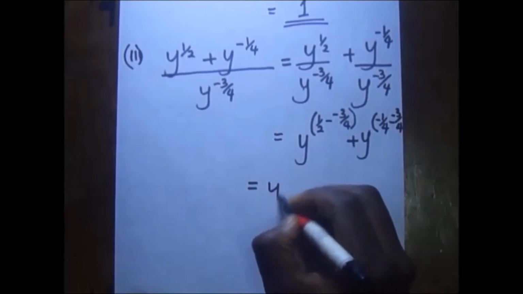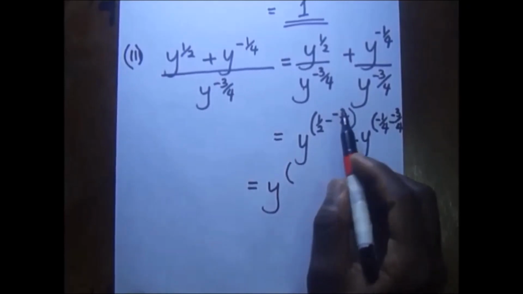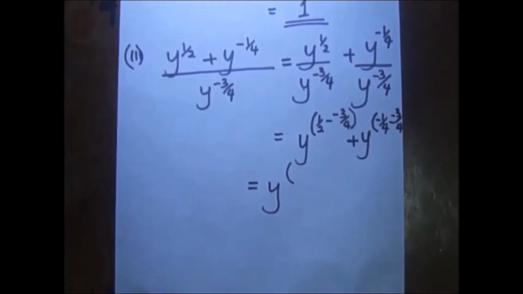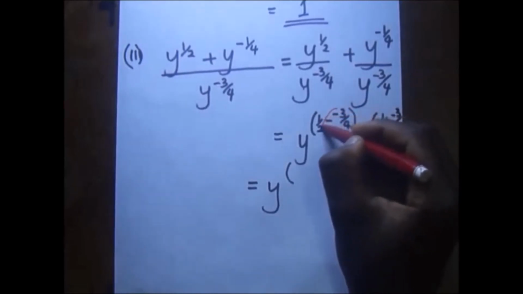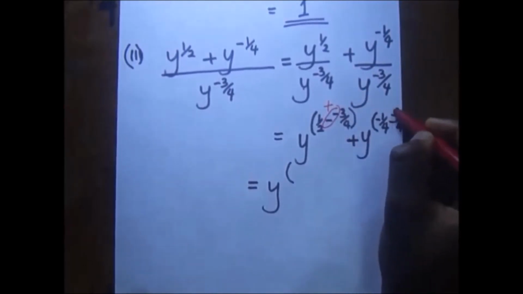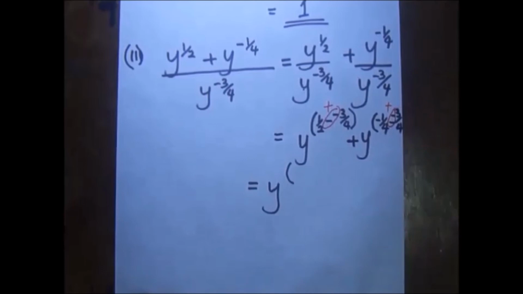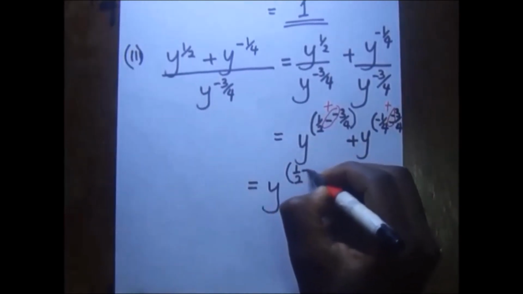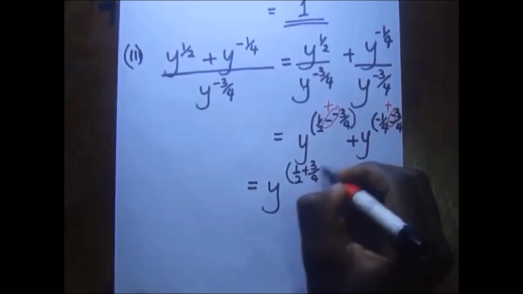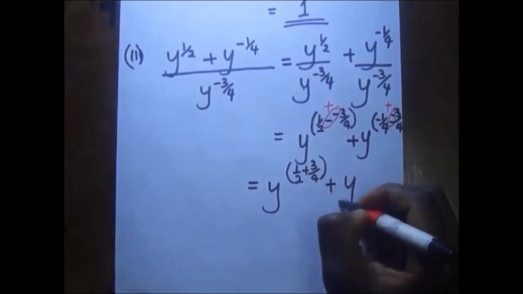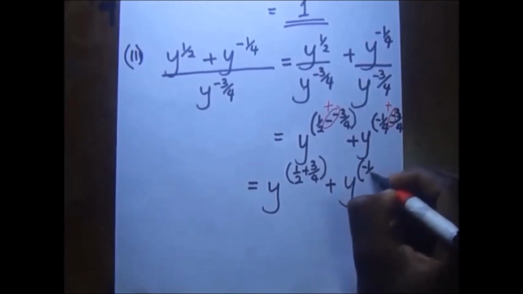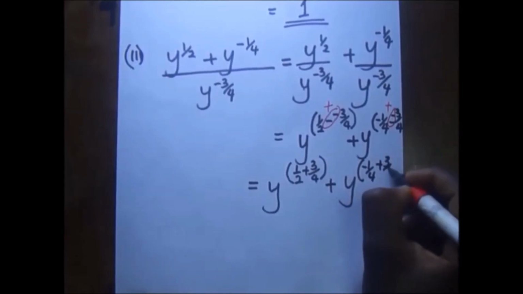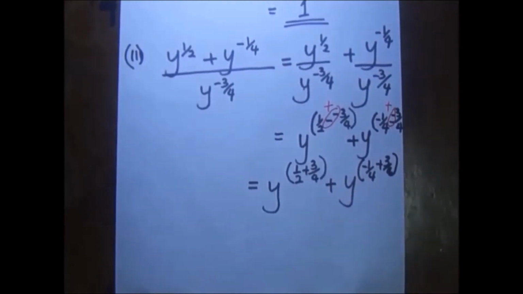So this will be equal to y to the power, this negative will become a positive, and even here the negative will become positive. So it's going to be y to the power a half plus 3 quarters, plus y to the power negative 1 over 4 plus 3 over 4.